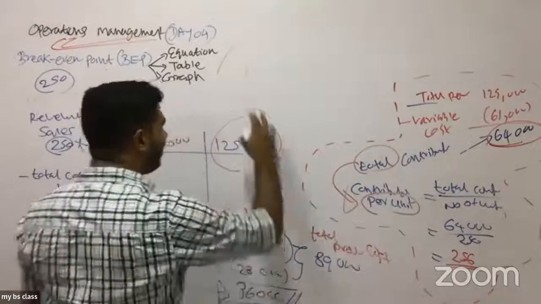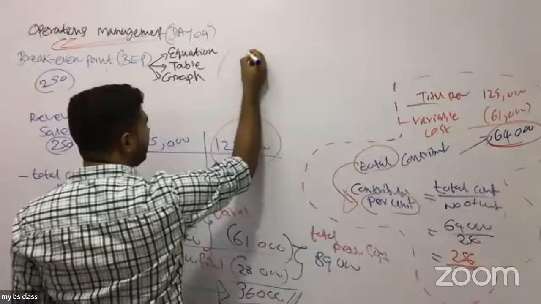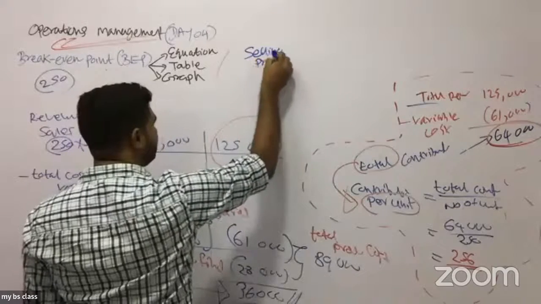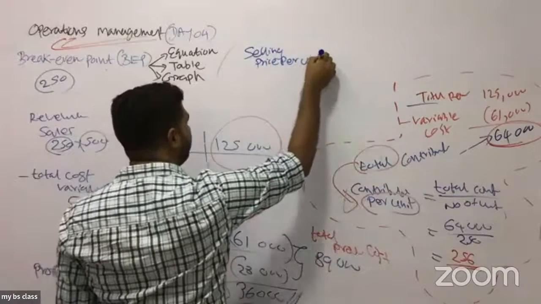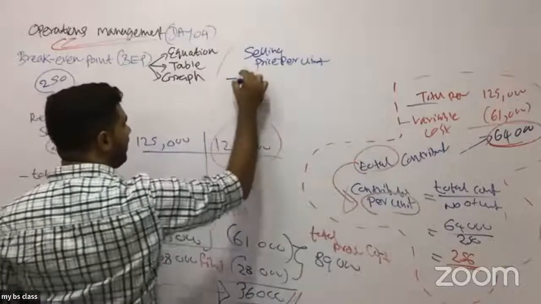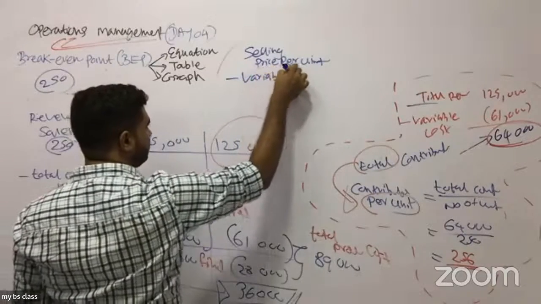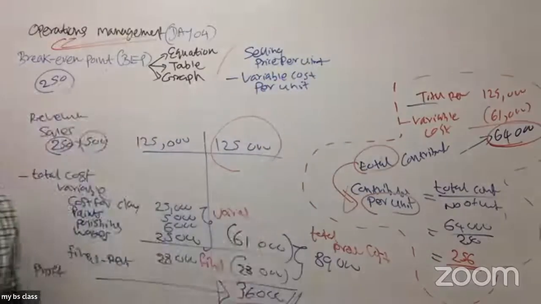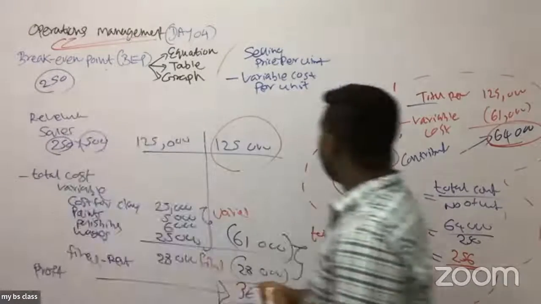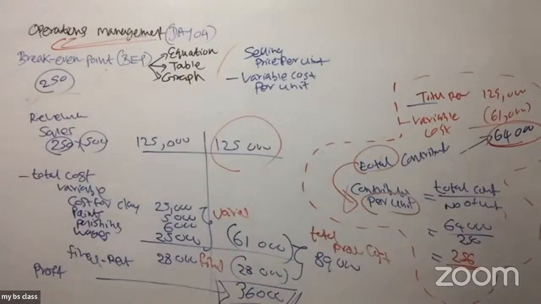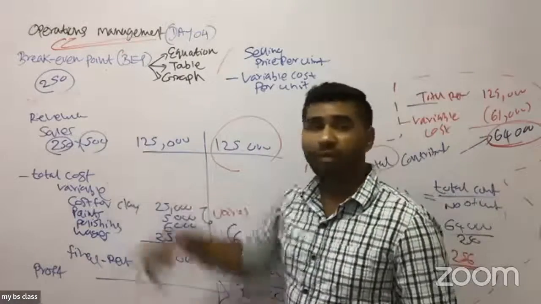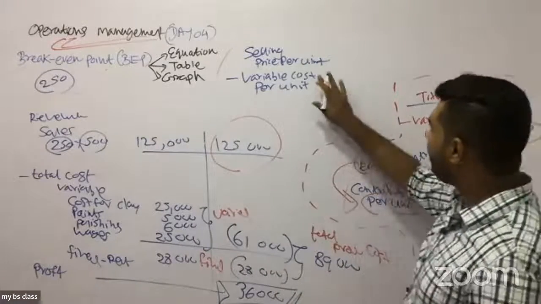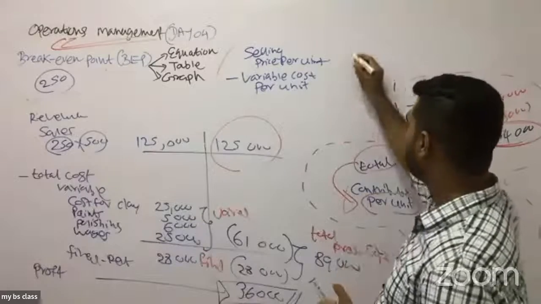Without taking the total revenue we can take the selling price per unit, and from that we deduct the variable cost per unit. What is the selling price per unit here? 500 rupees, remember this clay pot is sold for 500 rupees. So the selling price per unit is 500 rupees.